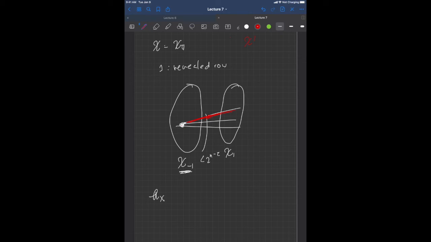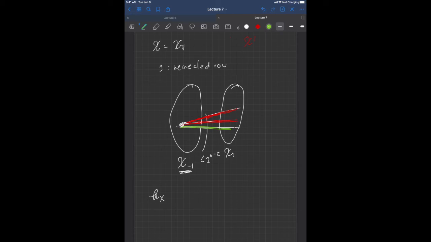So identify a revealed row. Here it is row 1. After I identify row 1, for every node on the left, I remove the edges out of that node except for one edge. So I keep one edge alive. Let me put that in green. I keep one edge alive and I remove all the other ones.